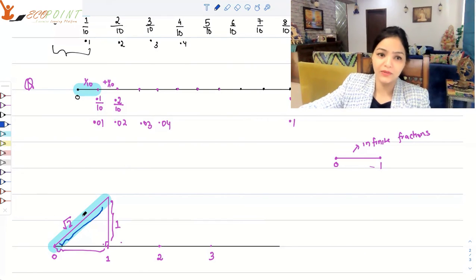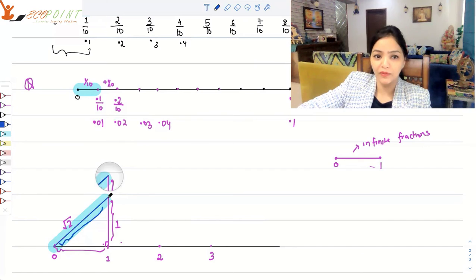If this length is √2, ideally you should be using a compass for this. You measure this length up here, and then take the compass to mark a point here, which is exactly this length. And that means this length and this length are equal.